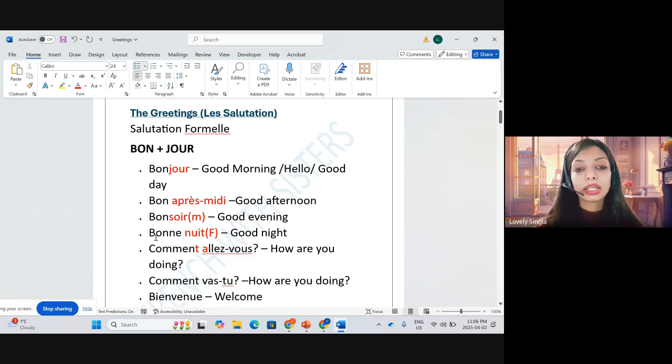So in bonne nuit, it is composed of bon and nuit. Bon ending in ne, which means good again. And nuit means night. But guys, any guesses you can make why we are ending this word with ne, unlike here in these first three examples where we ended the word with n itself? Any guesses? Why are we doing that?